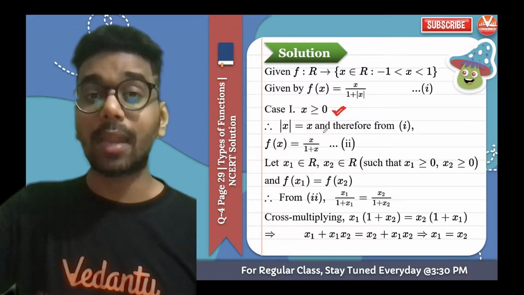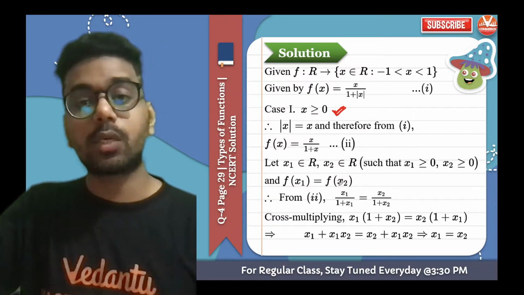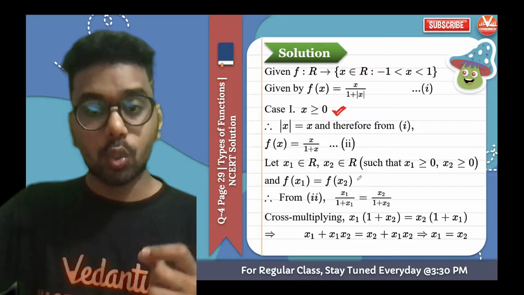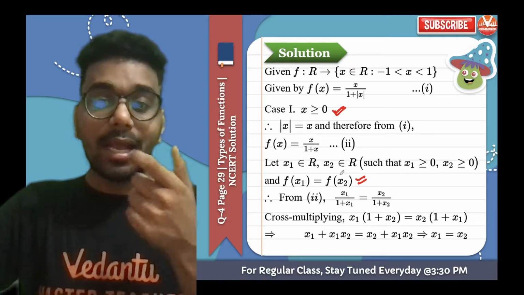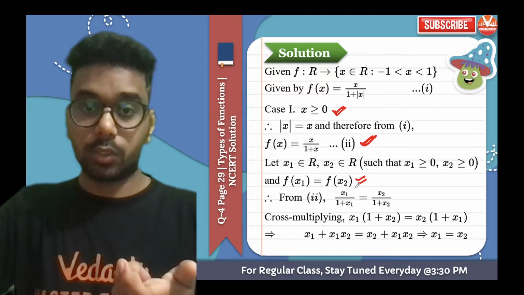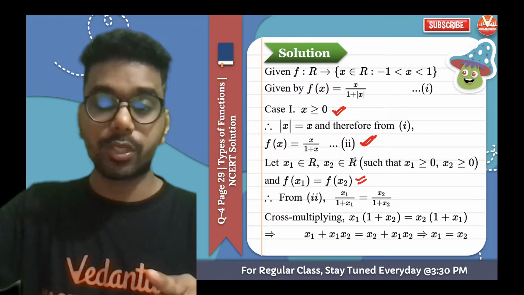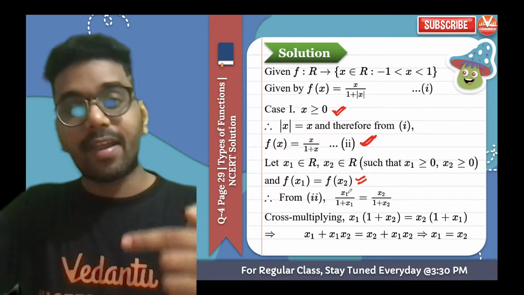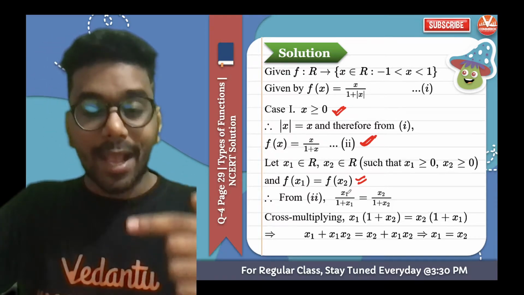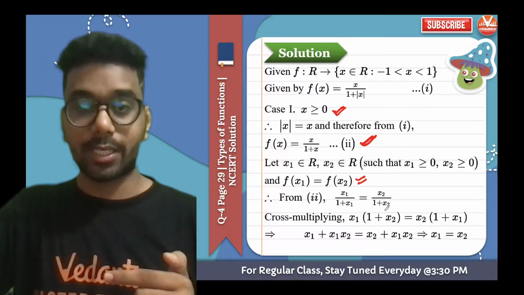And now you will apply the check for one-one, many-one, which is f(x1) equal to f(x2). What is case number 1? x greater than or equal to 0. And what is the check? f(x1) equals f(x2): x1 upon 1 plus x1 is equal to x2 upon 1 plus x2.